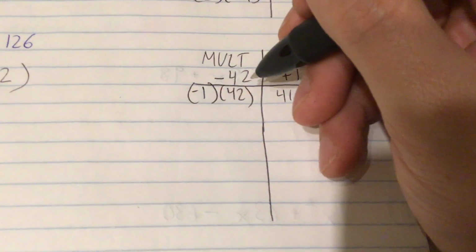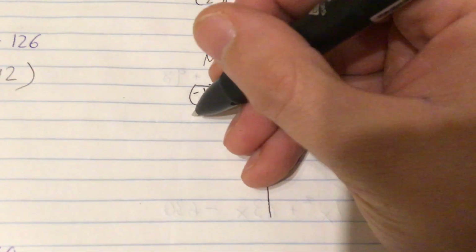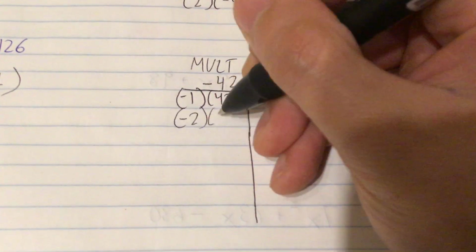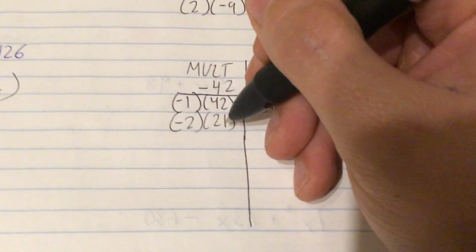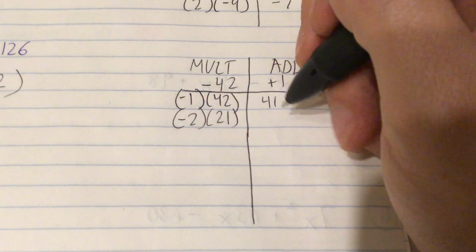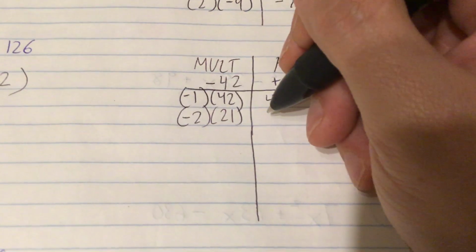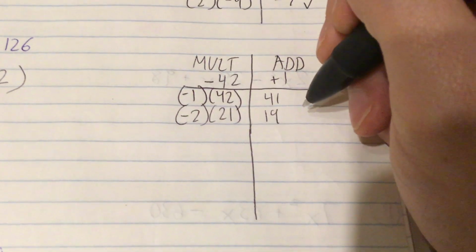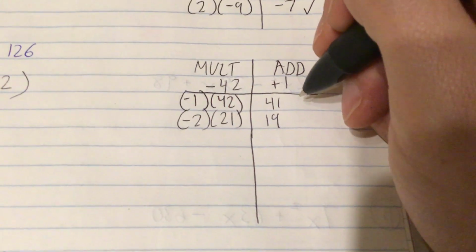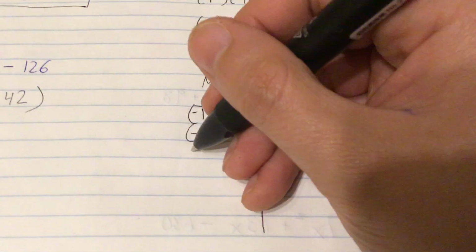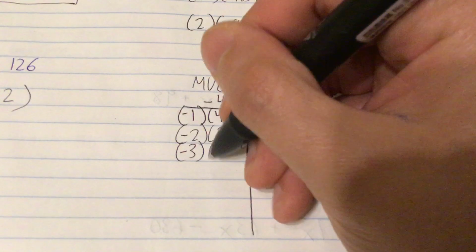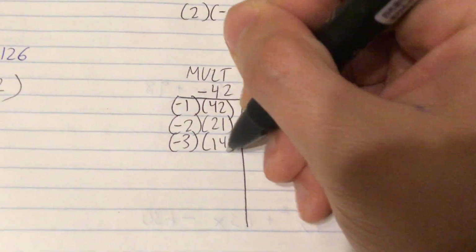Let me try dividing by 2. Yeah, I can. Negative 2 and 21. Negative 2 times 21 is negative 42, but negative 2 plus 21 is positive 19. See how much closer we got to positive 1? Let's try negative 3 and 14.